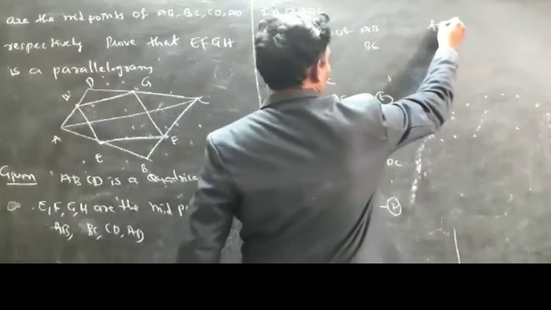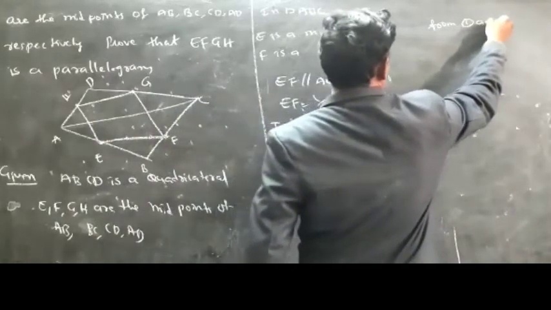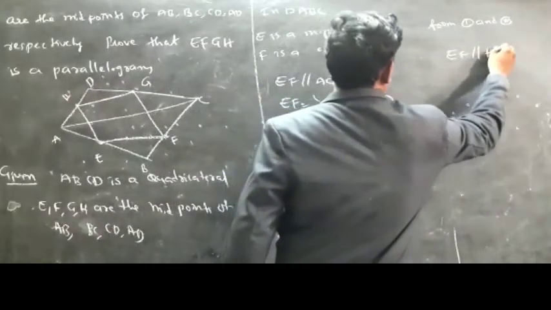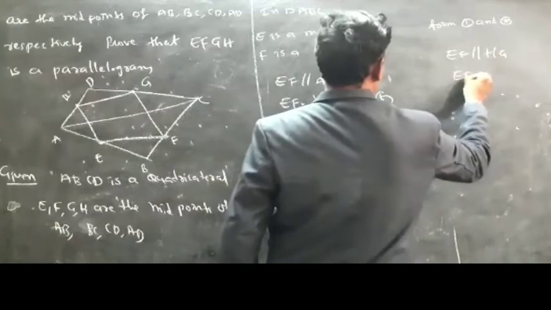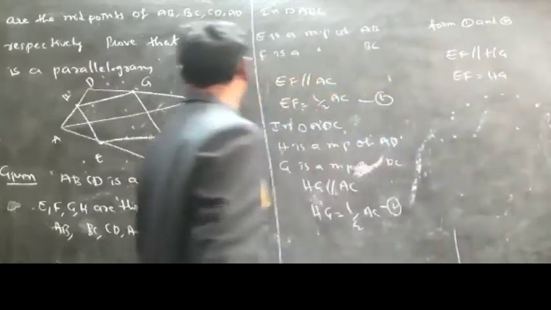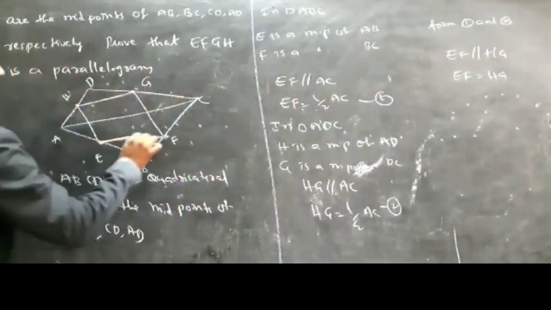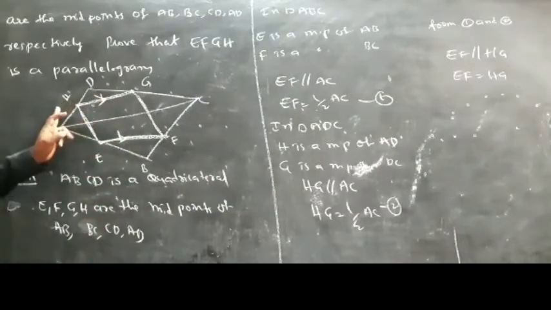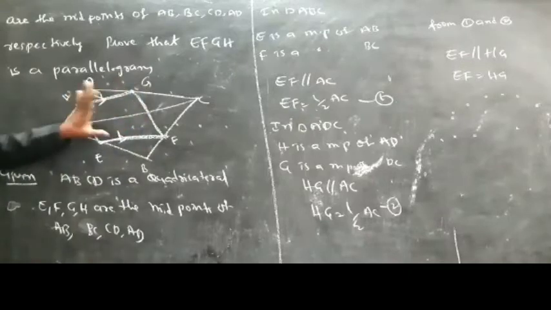From 1 and 2, what can we write here? EF is parallel to HG and also EF is equal to HG. See here, in EFGH, EF and GH both are parallel and also equal.